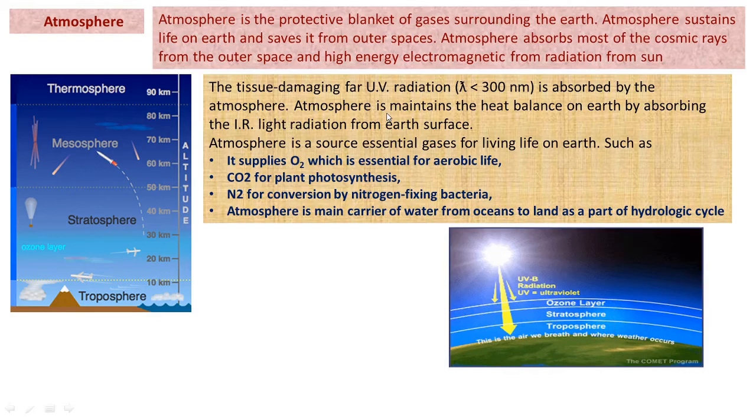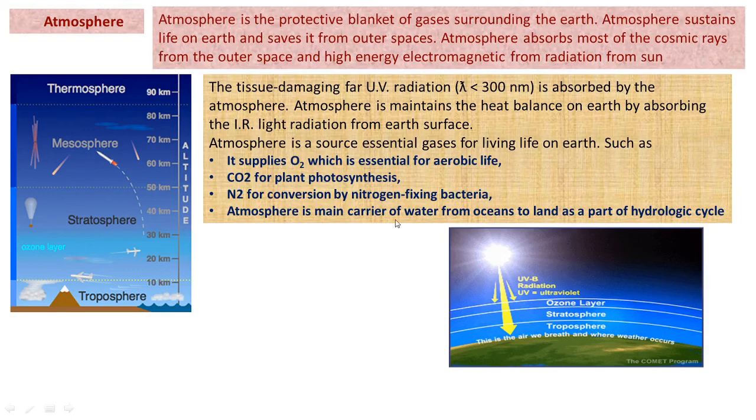The atmosphere also maintains the essential gases for the living life of the earth. For example, it supplies O2, which is essential for aerobic life, CO2 for plant photosynthesis, and nitrogen for nitrogen fixation.